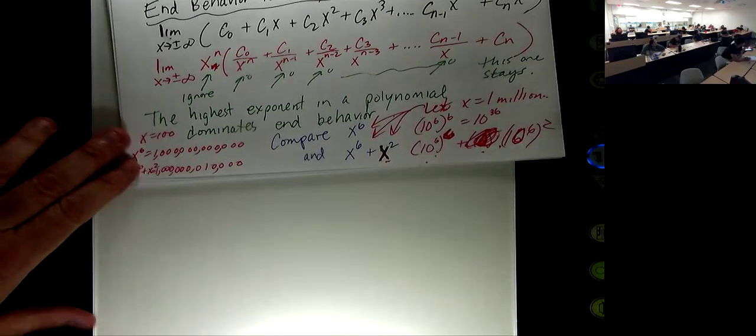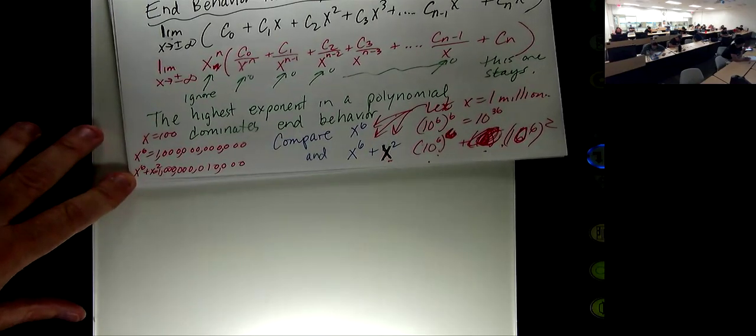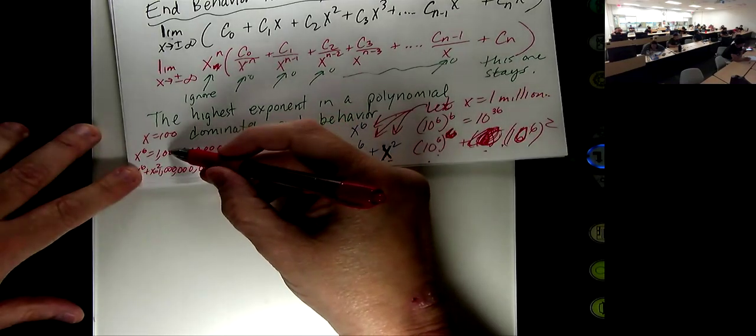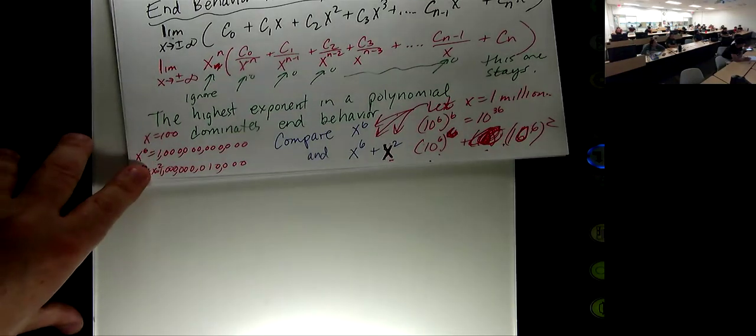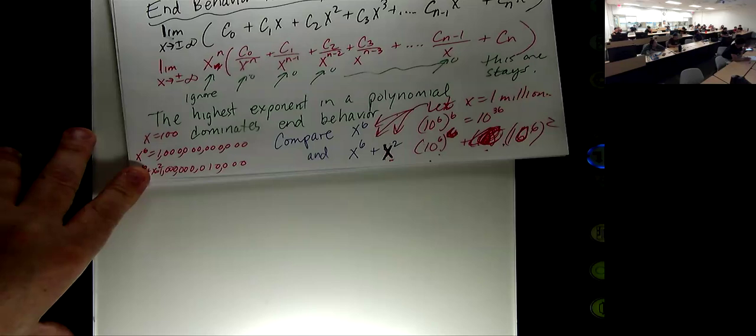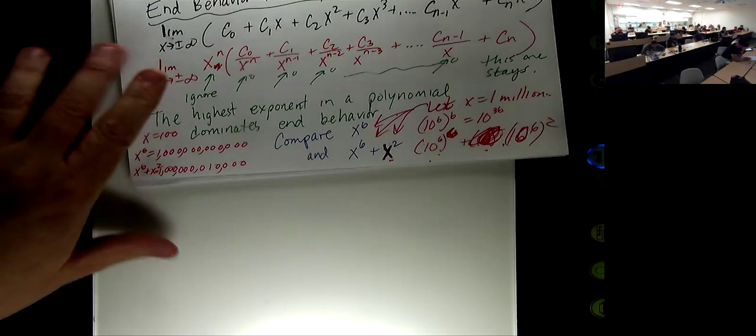That's what adding in the x squared does at 100. This is millions, billions, trillions: 1 trillion versus 1,000,000,010,000. If you've got $1 trillion, 10,000 is nothing. That's how the largest power dominates the behavior.